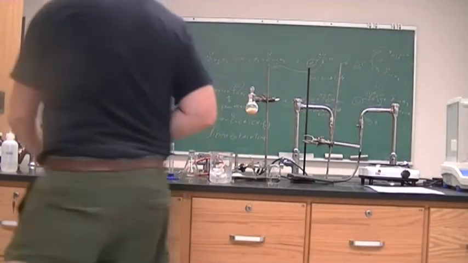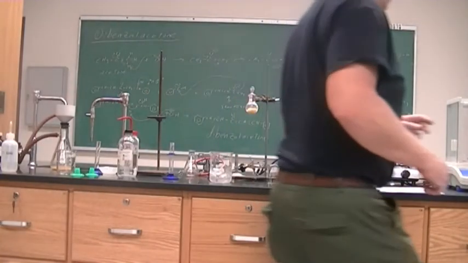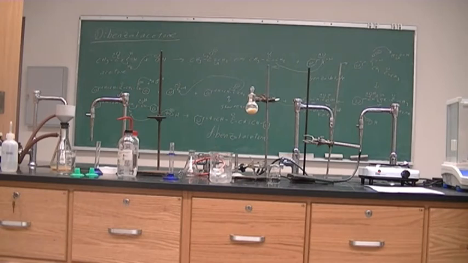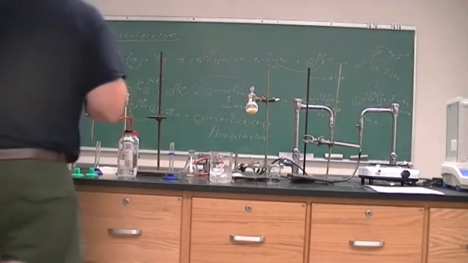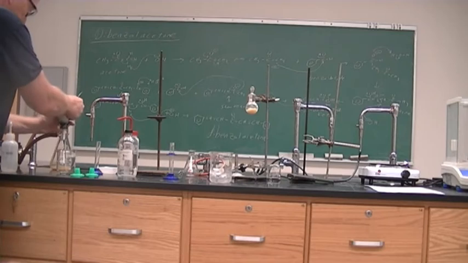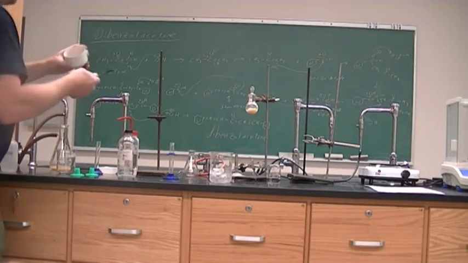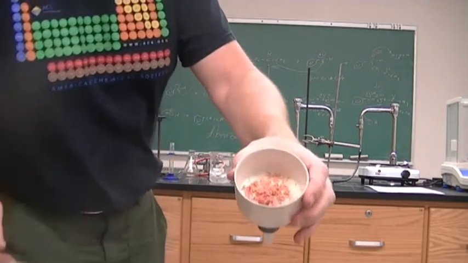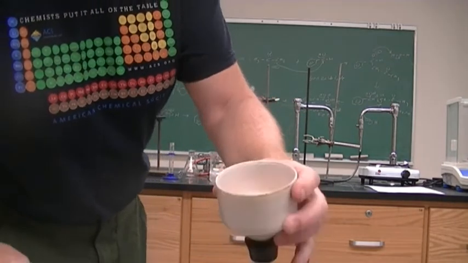Alright, so I'm going to scrape the product into this beaker, and I'm going to get a mass of the crude product, and then we're going to recrystallize it and get a mass of the purified product. Alright, so this is what it looks like. It looks like a little orange, mushy solid.